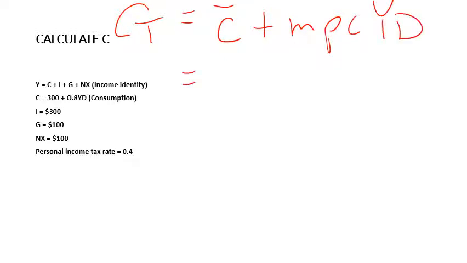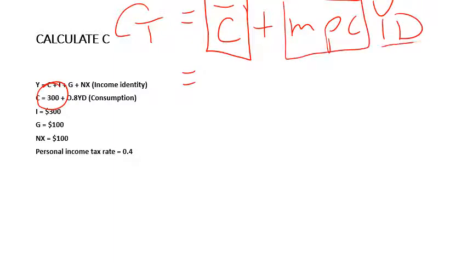So again, no change in autonomous consumption. It is still $300 billion. No change in MPC, but a lower disposable income because of the increase in the personal income tax rate.